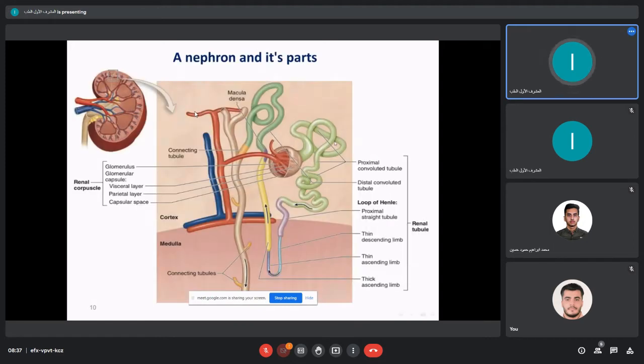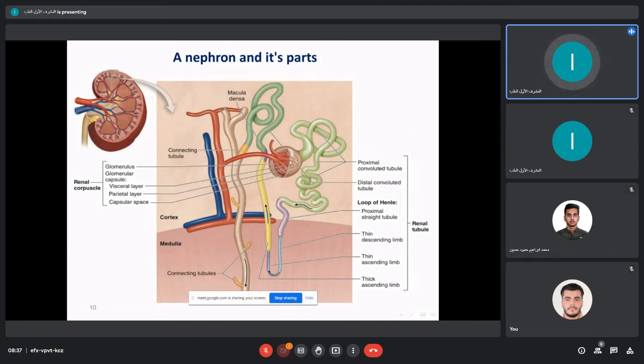This is the nephron, starting from this part, which is the most important. This section here represents part of the cortex and the adjacent part of the renal medulla. Therefore, this is the cortex, this is the corticomedullary junction, and this is the medulla, the renal pyramid.